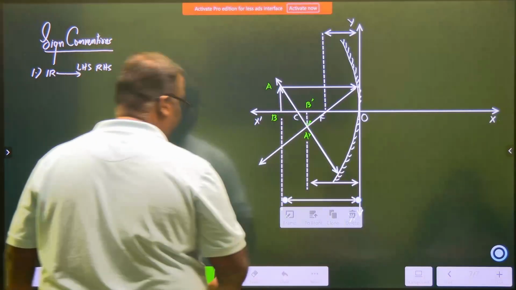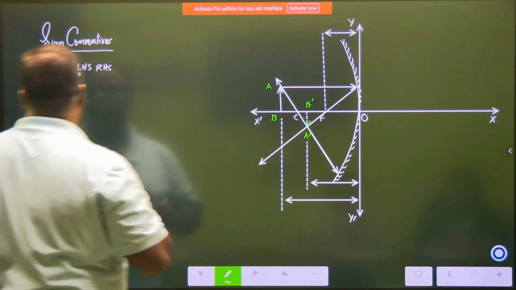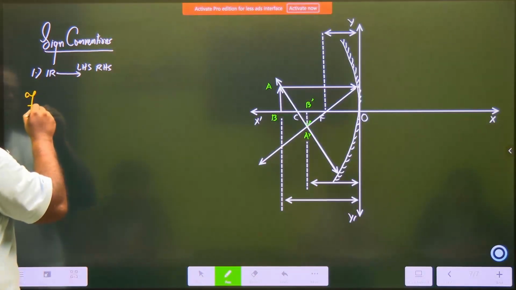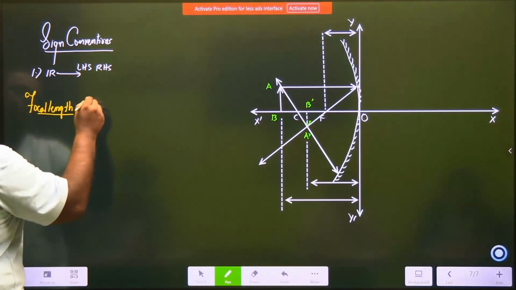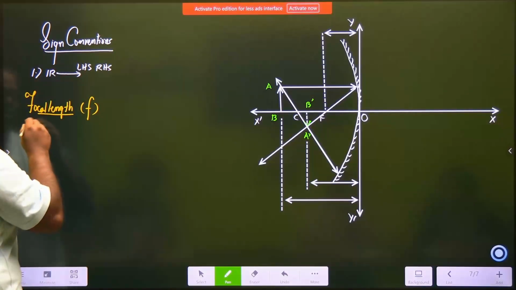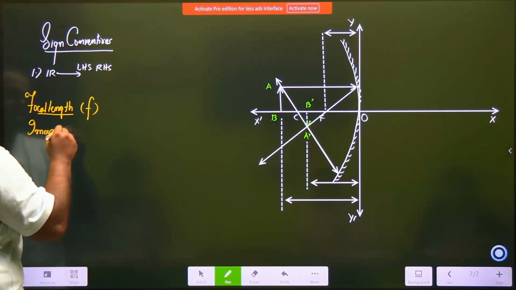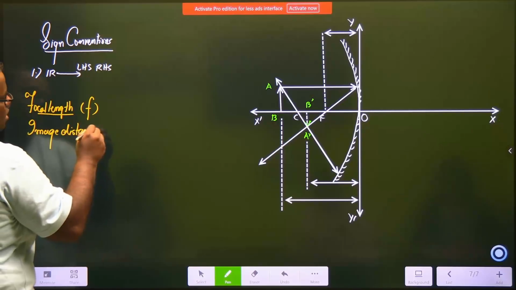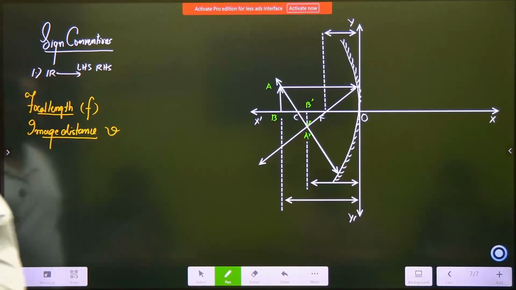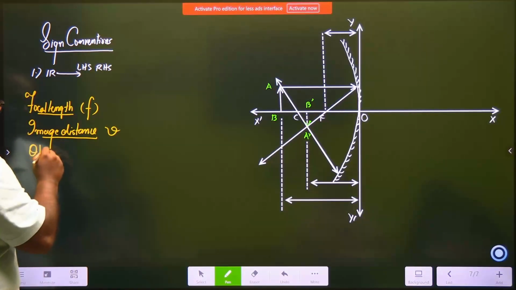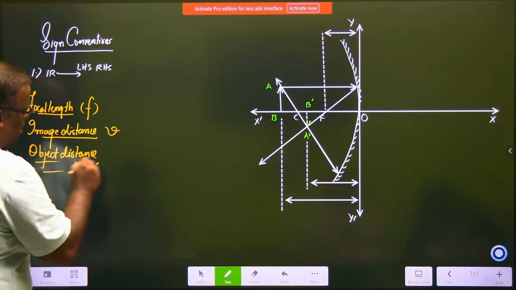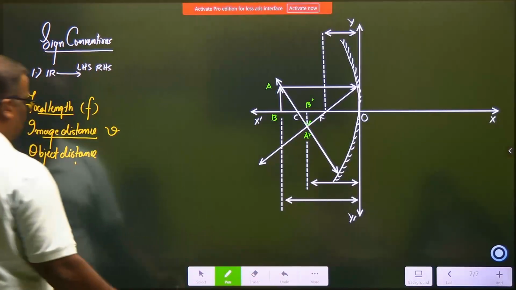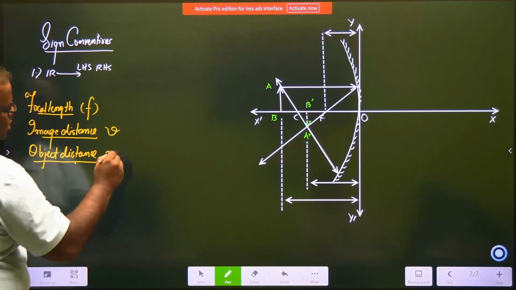Now, some of the things. The focal length is represented as f. The image distance is represented with the word v, VIP, as I used to say, v for v and I for image, and the object distance is denoted by small u.